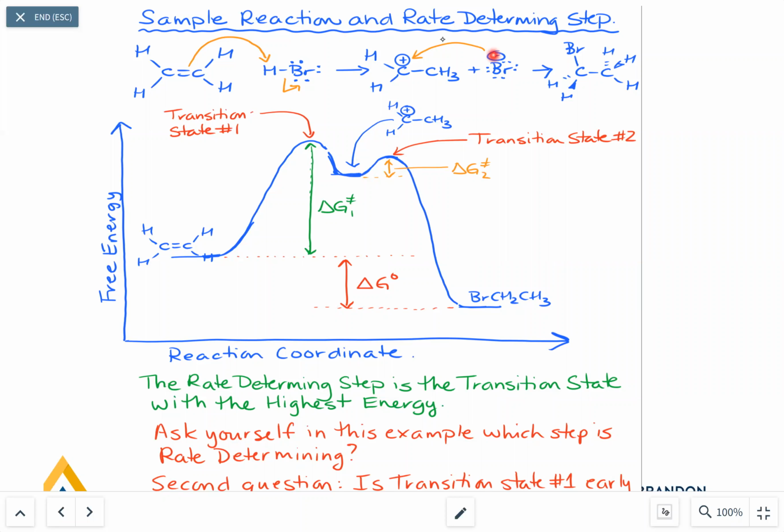And then in the next step the bromine comes in and attacks, and it'll go over another transition state, and it'll form our products. So overall, this process has a negative delta G, so it's spontaneous, but there is this intermediate we have to form first to go down to here. So there are essentially two activation energies, one larger than the other, two transition states.